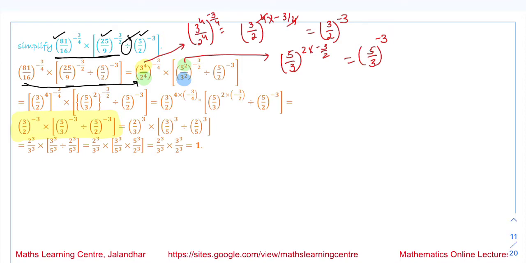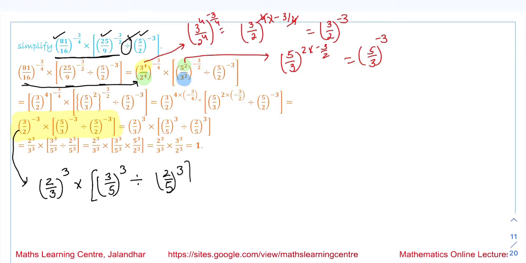In the next step we remove the negative powers and the answer we get is 2 by 3 raised to the power 3 into 3 by 5 raised to the power 3 divided by 2 by 5 raised to the power 3.